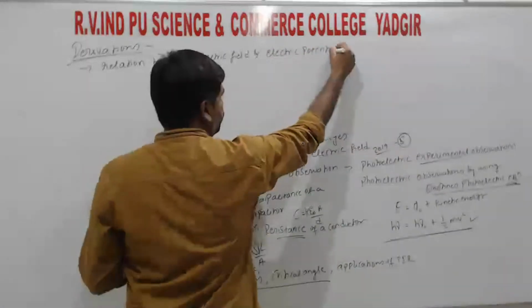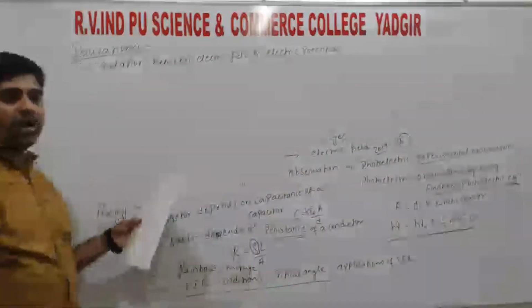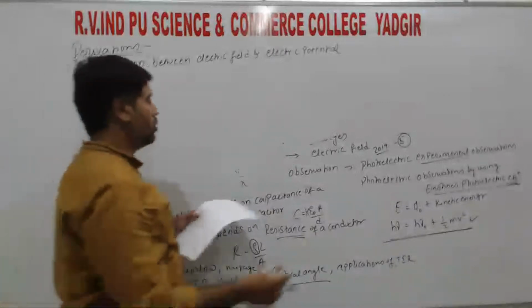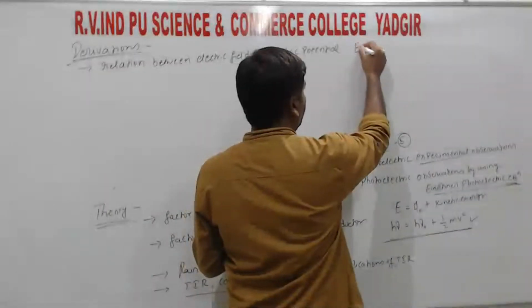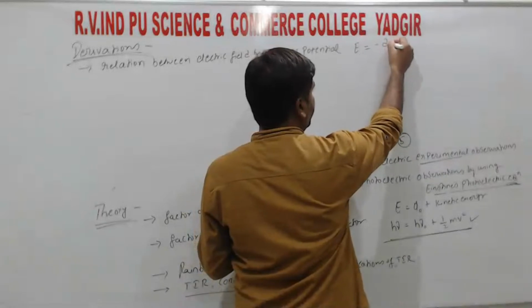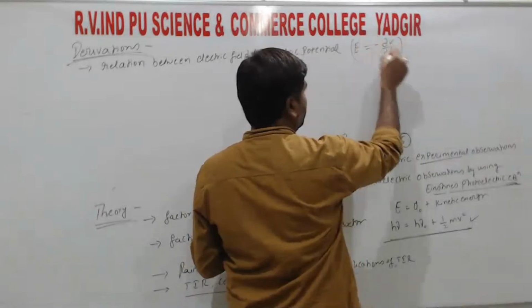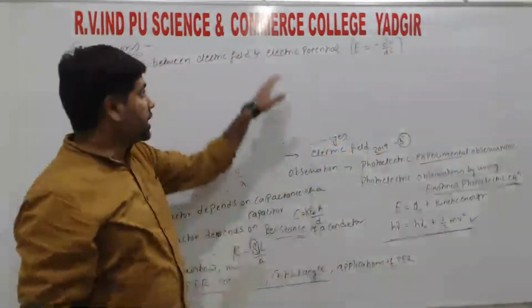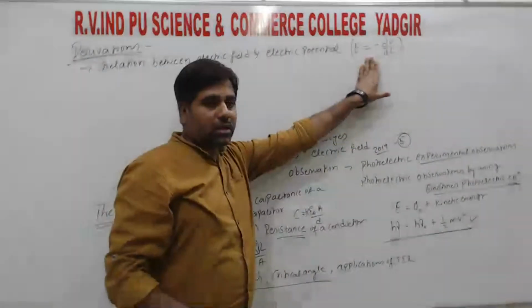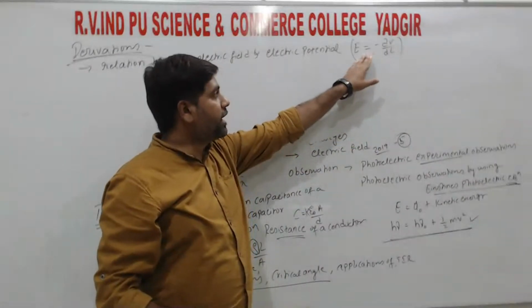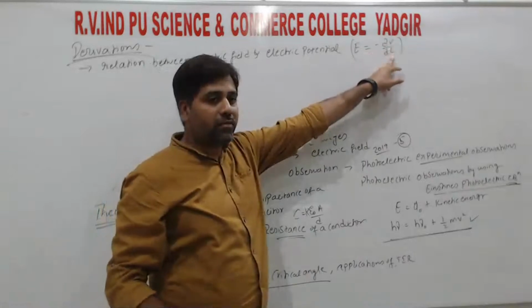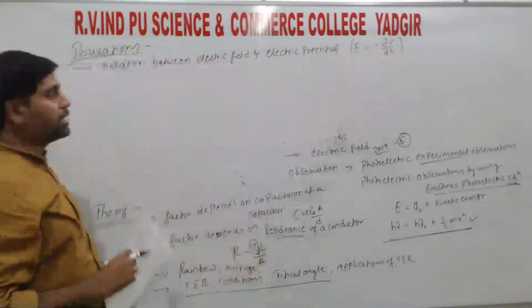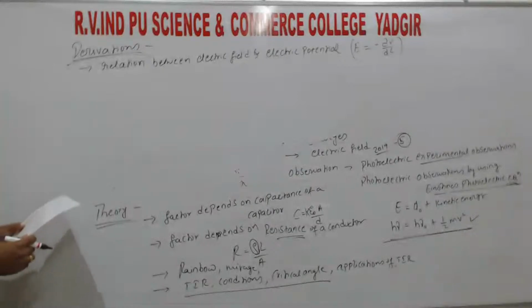It is a derivation that has repeated many times for 3 marks. They may directly ask E is equal to minus dV by dl. In the statement they ask this, many times in the same way: obtain the expression or derive the relation E is equal to minus dV by dl. This comes under potentials and capacitance.